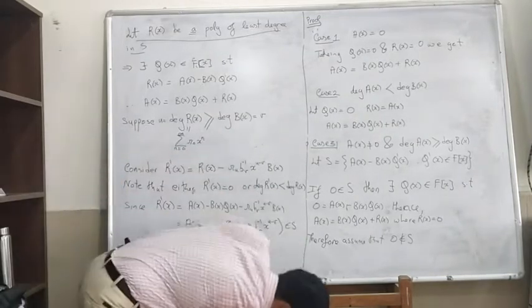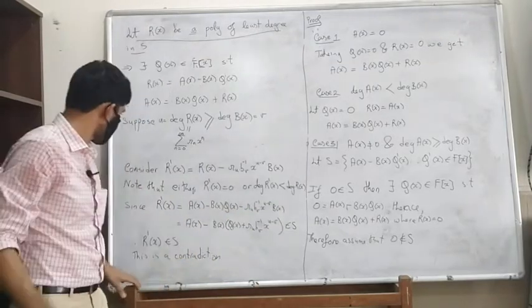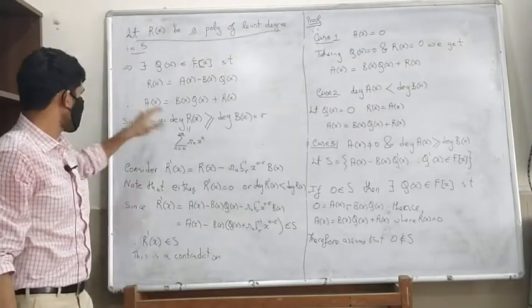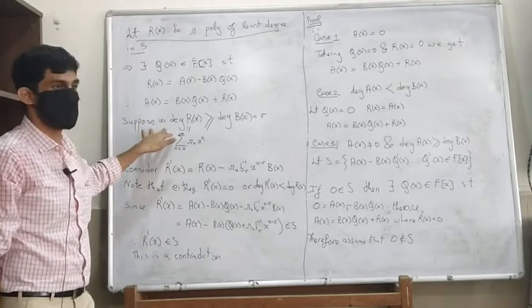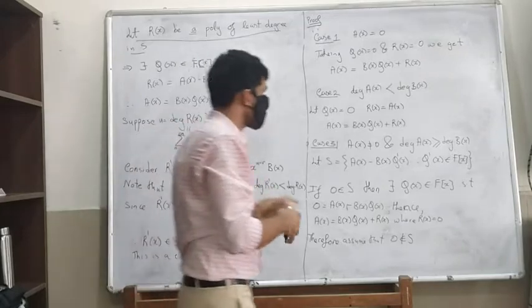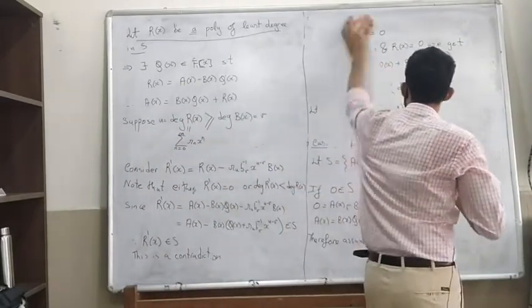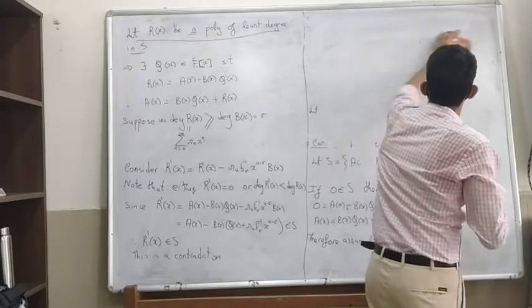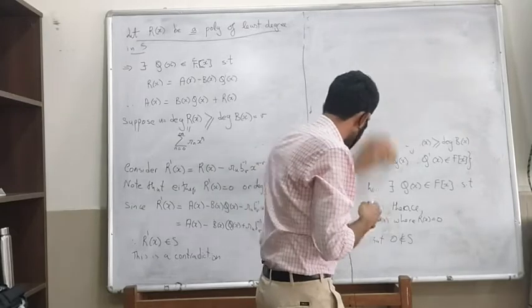So since this is a contradiction, what does it mean? We have assumed that this happens and got a contradiction, so it means that this does not take place, right? So therefore the negation of this is true. What is the negation of that statement?